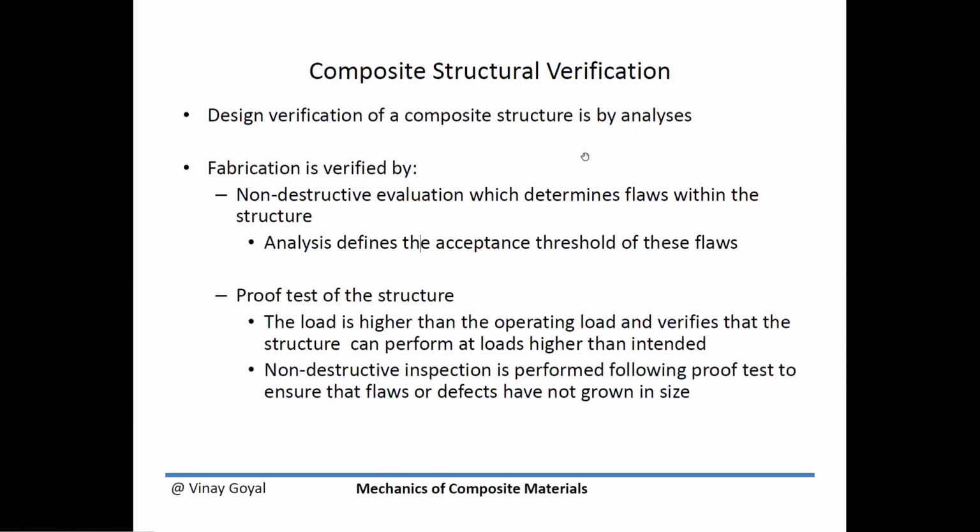The qualification of the structure is important because it verifies the manufacturing processes. It basically certifies the personnel, the training, everything that went into making that composite. It helps you gain confidence that the processes were robust. The fabrication of the production unit after that one can be verified in many different ways.